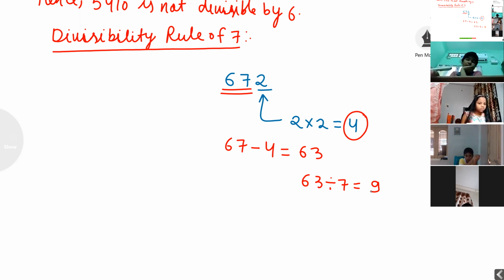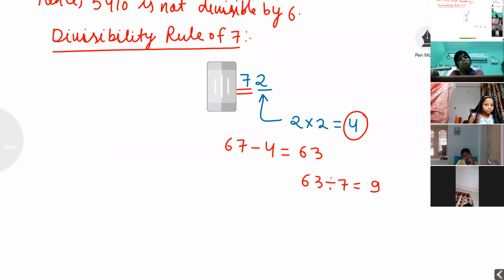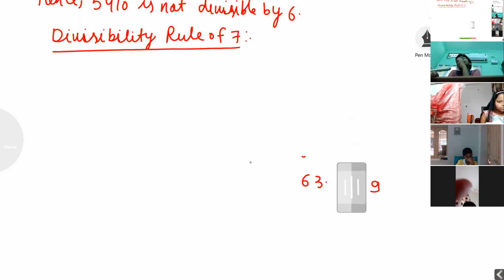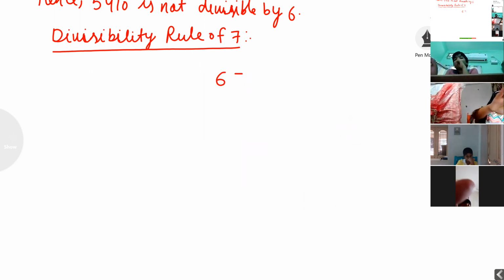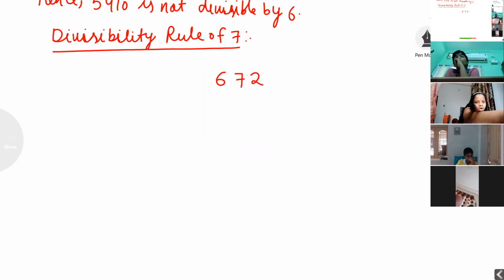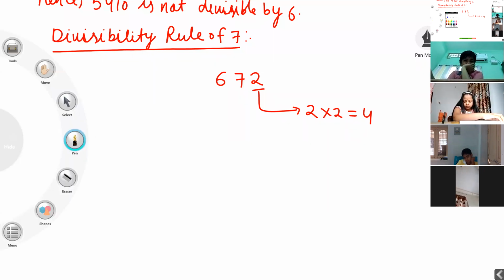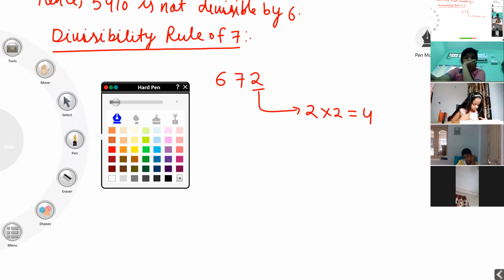Again, listen carefully. Whatever number they have given, concentrate, everyone. 672. Firstly, I will take double of one's place. Double of one's place means 2 into 2 is equal to 4. Except one's place, the digits are 67.